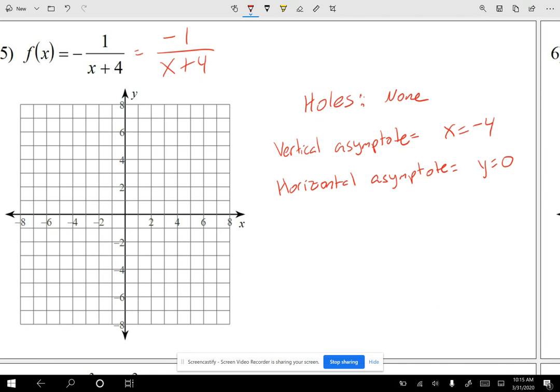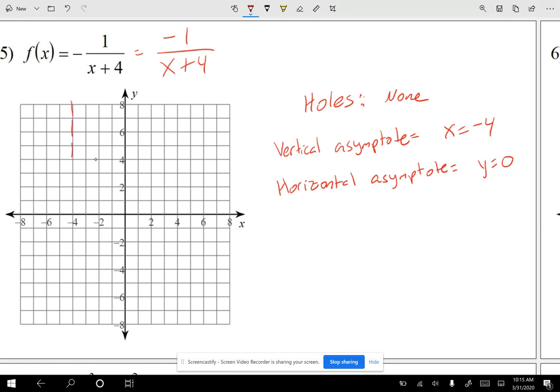We're going to see today all three cases. The highest exponent is at the bottom, the highest exponent is at the top, or what if the highest exponent is in both? All right, so looking at our asymptotes, my vertical asymptote is x equals negative 4.